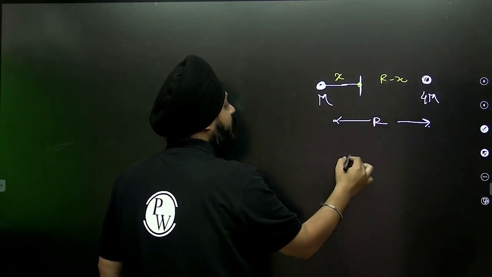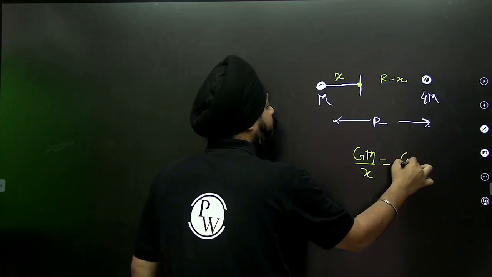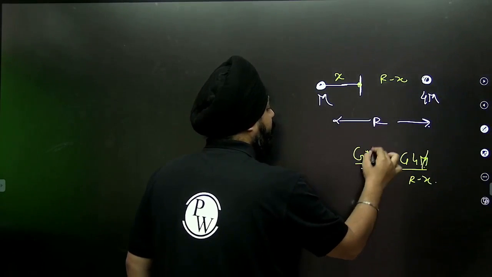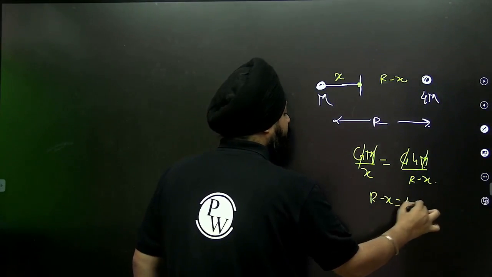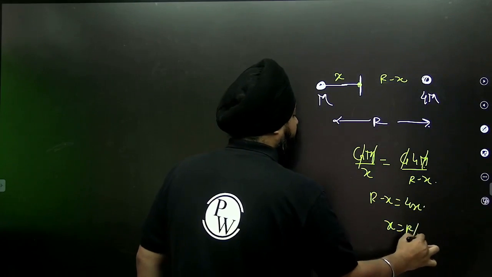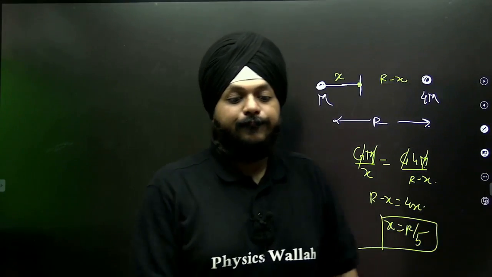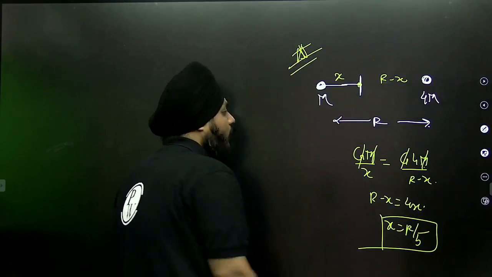At this point the net potential is 0, so GM/x equals G·4M/(r - x). G cancels, so r - x equals 4x, and x is equal to r/5. At a distance of r/5, the net potential is 0. So this kind of extra terms related to gravitational potential are also asked.